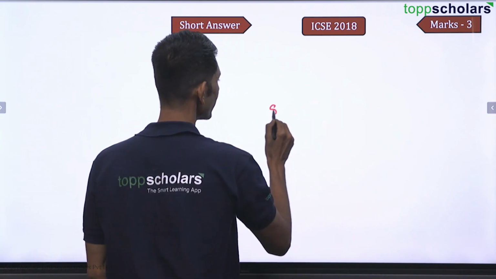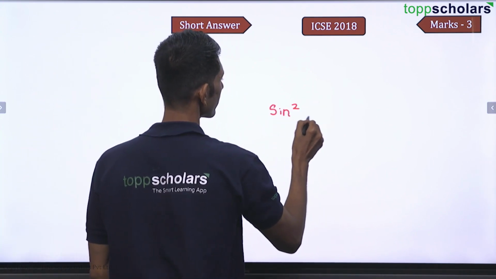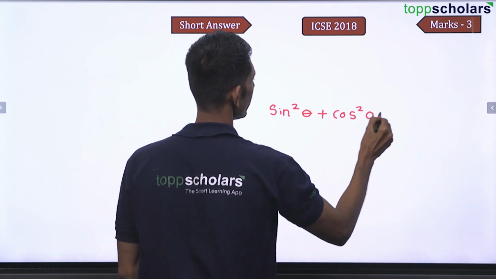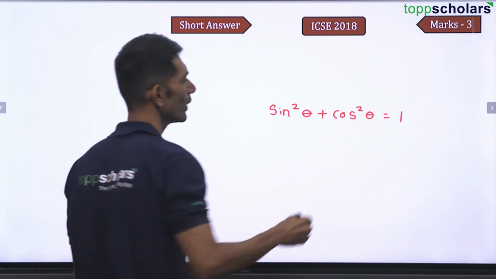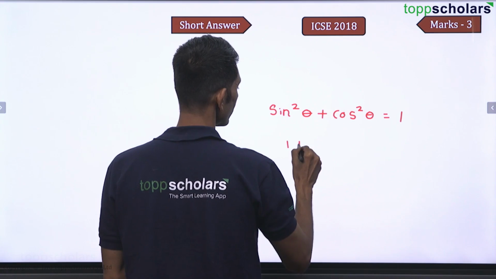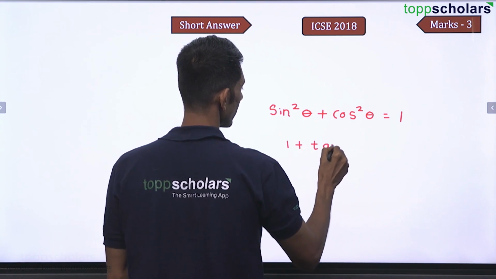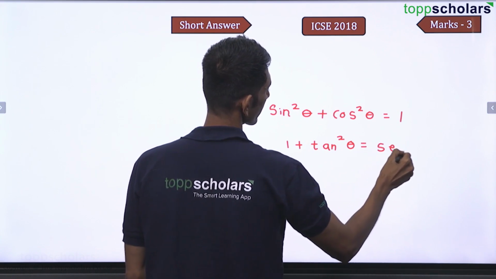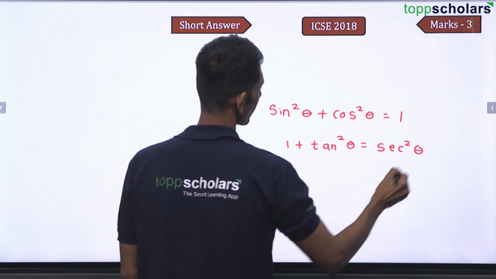We know that sin square theta plus cos square theta is equal to 1. That is the first identity. Then we know that 1 plus tan square theta is equal to sec square theta.